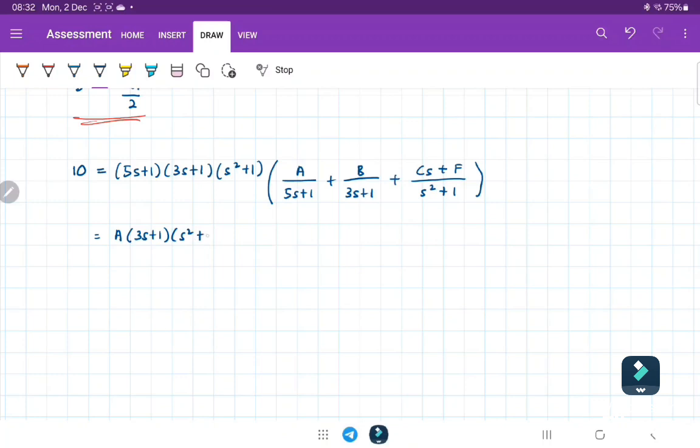So when we cross multiply this, I get A times 3s plus 1 times s squared plus 1, plus B times 5s plus 1 multiplied with s squared plus 1, plus Cs plus F multiplied with 5s plus 1 multiplied with 3s plus 1.